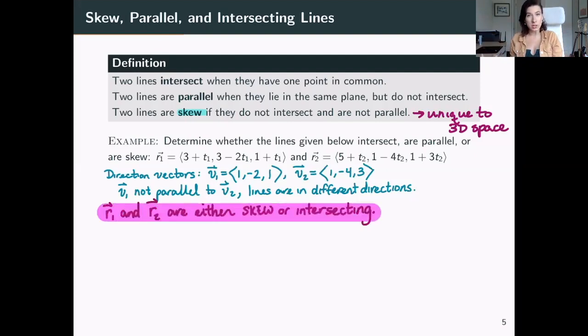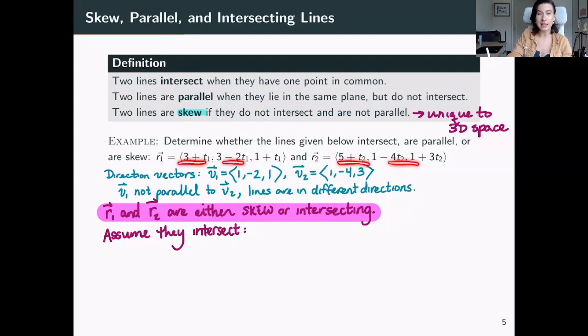In order to do this, we're going to assume that they intersect. So that's how we're going to start this off. We're going to assume they intersect. And from here, we're going to have to do quite a bit of algebra in order to finish up this problem. If these two lines are intersecting, that means that eventually my components are going to be the same.